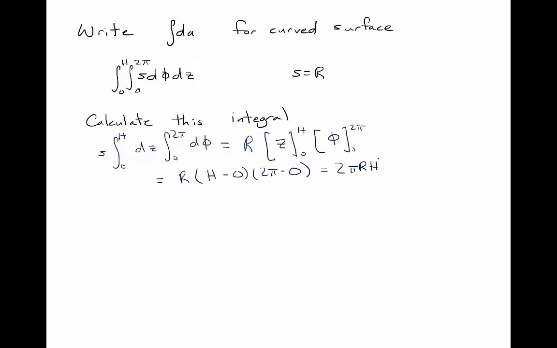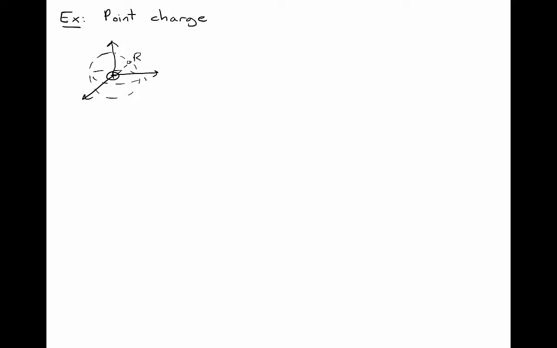Let's do one final example of doing this in spherical coordinates, and then we can go back to using this with Gauss's law. Okay, so we have our point charge. We know our electric field's pointing out, because I do this for a positive point charge.